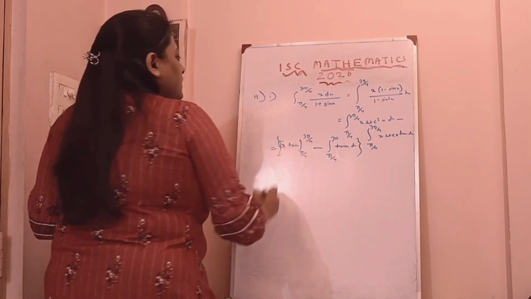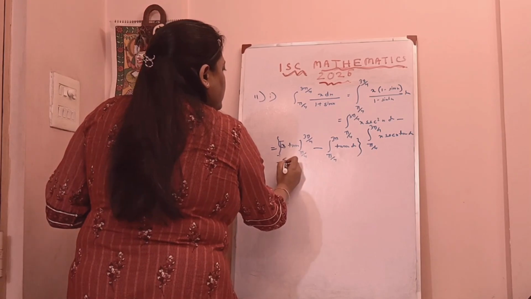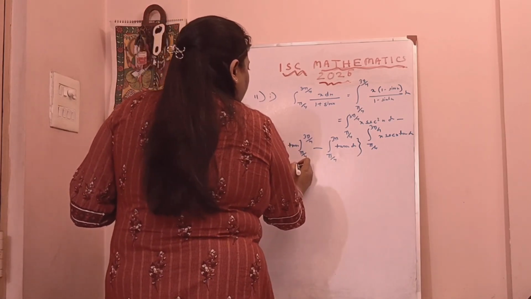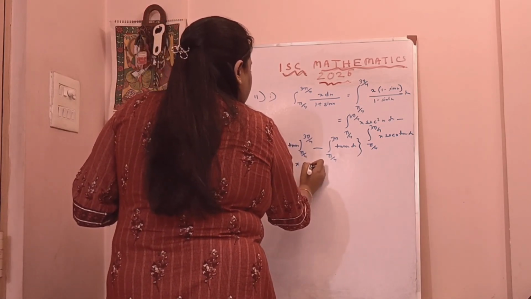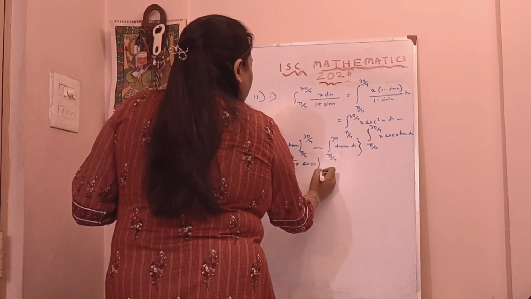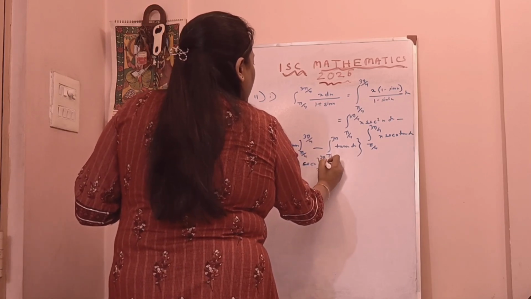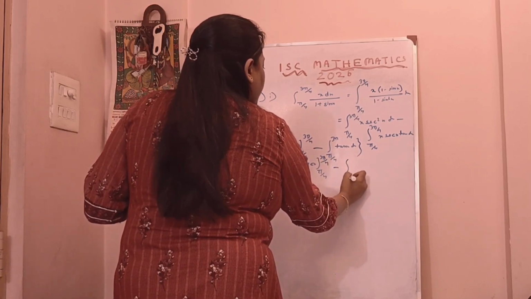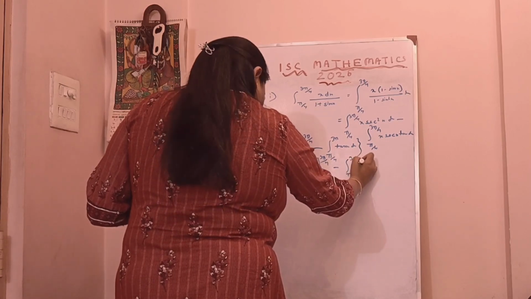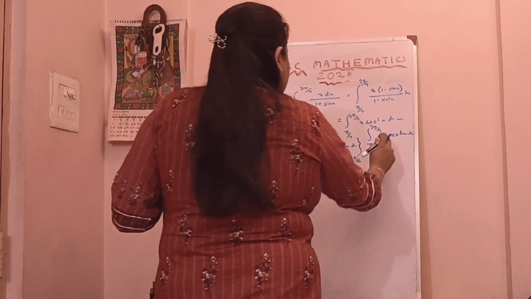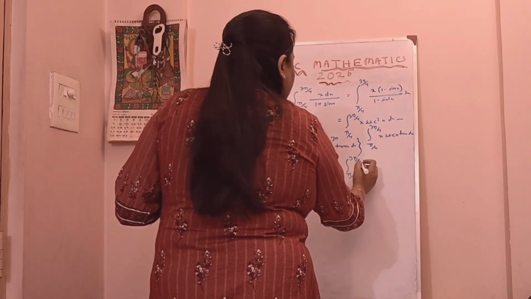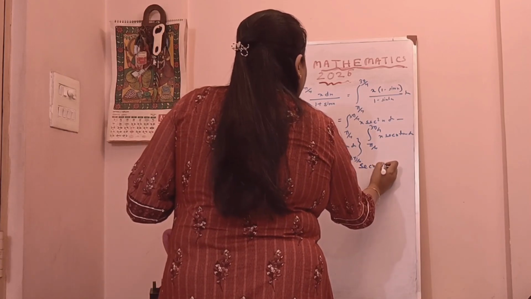And the second part is x sec x from pi by 4 to 3 pi by 4 minus the integral from pi by 4 to 3 pi by 4 of the derivative of x, which is 1, times sec x dx.